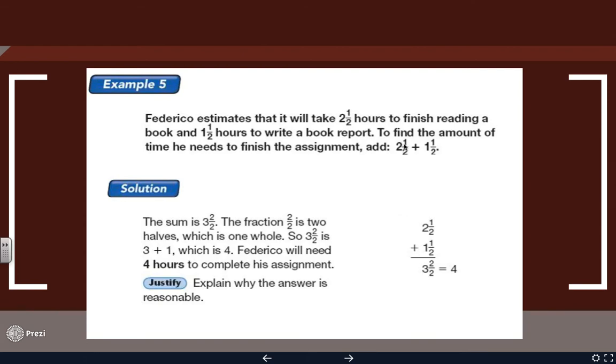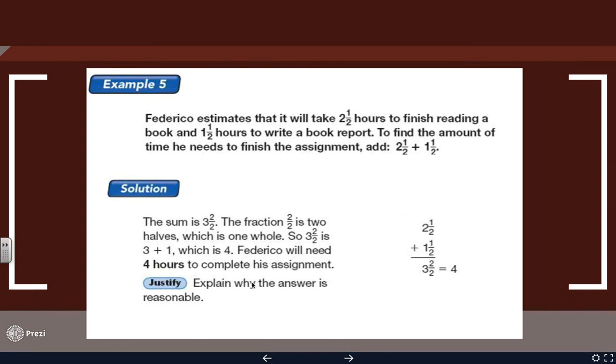Okay, then we're going to add our fractions together. 1/2 plus 1/2 equals 2/2. 2 over 2 equals 1, right? 2 divided by 2 is 1. So then you add that to the 3, that equals 4.